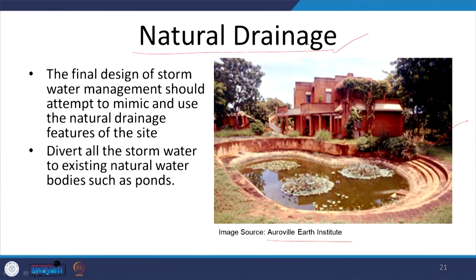Initially people followed the natural pattern of how water was flowing, and then they looked at where the water needs to be intercepted so that it does not take away the soil along, and where those retention ponds, the infiltration basins and the water bodies have to be created. All of that, the design, happens when we understand and study the natural drainage patterns, which is part of the natural topography study.